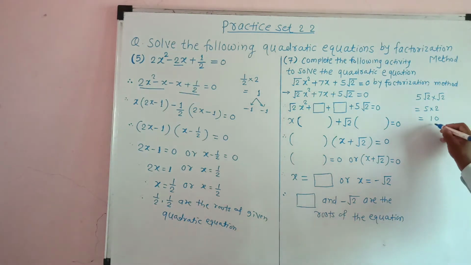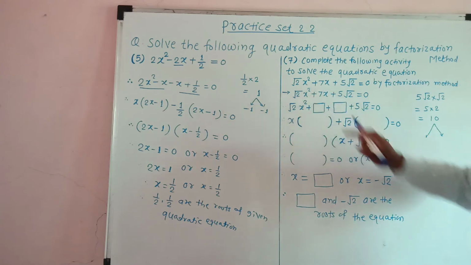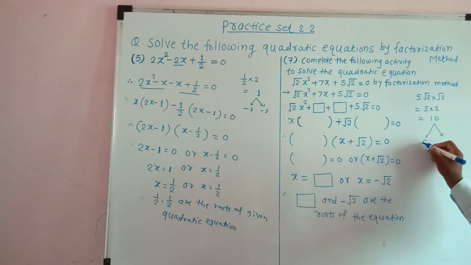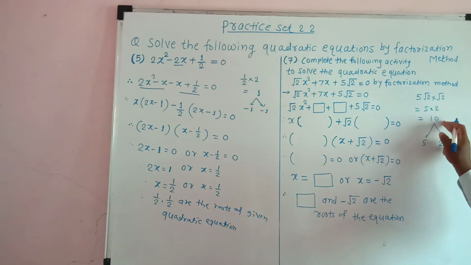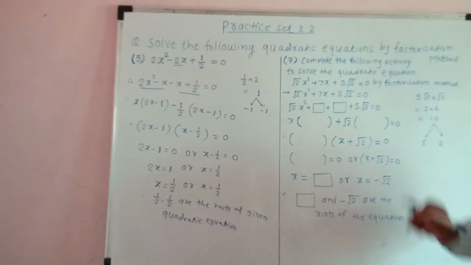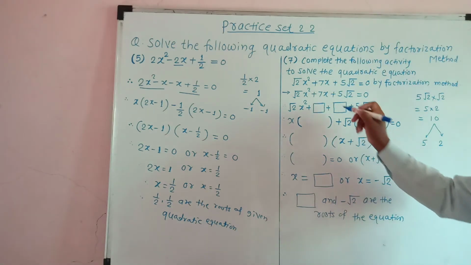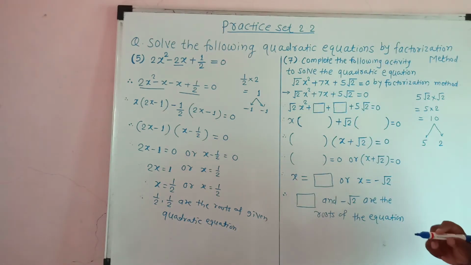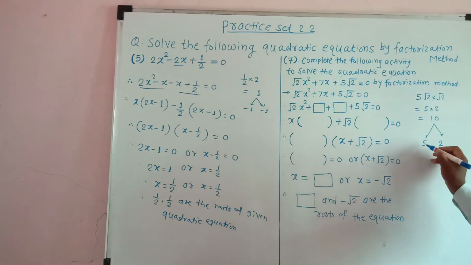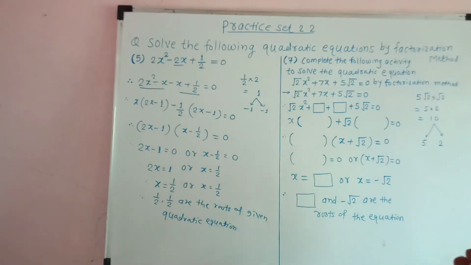Now find two numbers whose multiplication is 10 and addition is 7. So the numbers are 5 and 2 because 5 into 2 is equal to 10 and 5 plus 2 is equal to 7. Therefore this middle term 7x can be split up as 5x plus 2x.